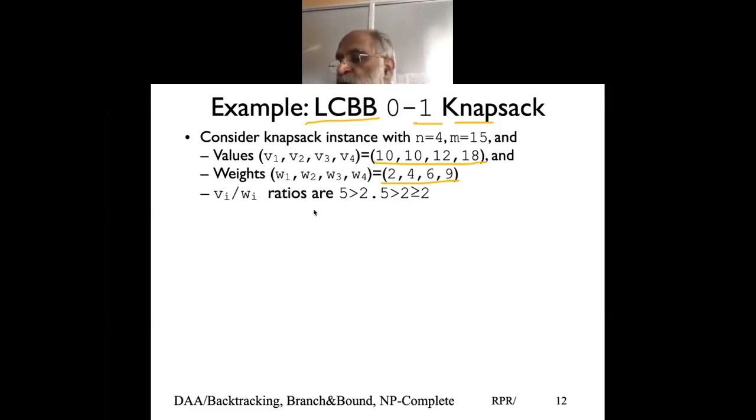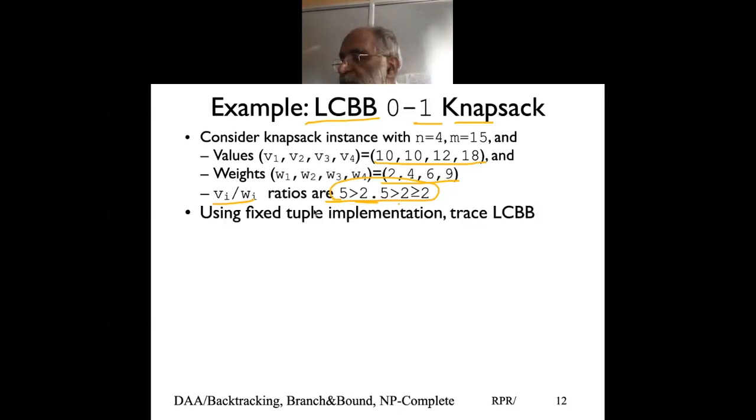First, because we are looking at the bound, as before, we sort them by their profit to weight ratio. So 10 by 2 is 5, 10 by 4 is 2.5, 12 by 6 is 2, 18 by 9. We arrange them in non-increasing order.